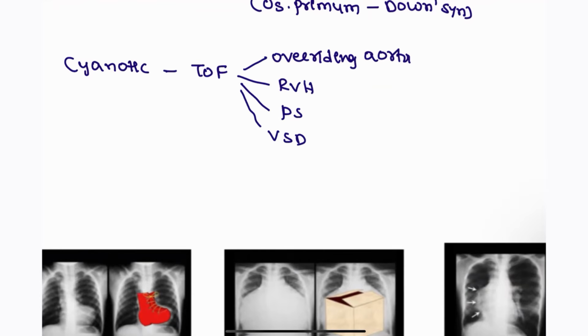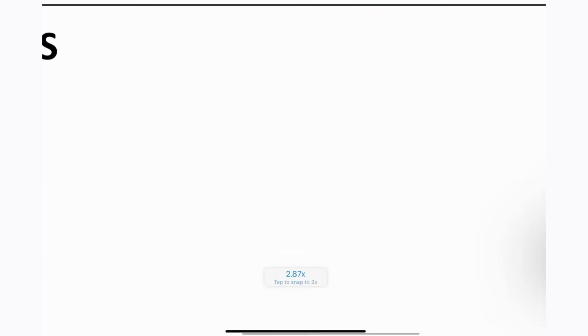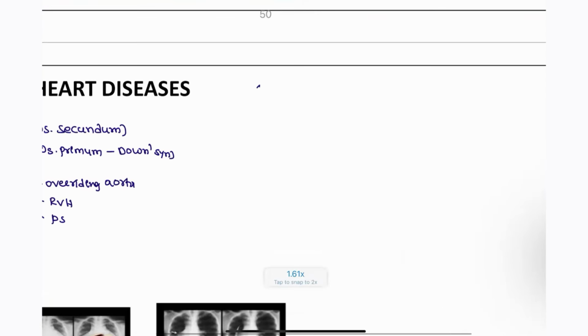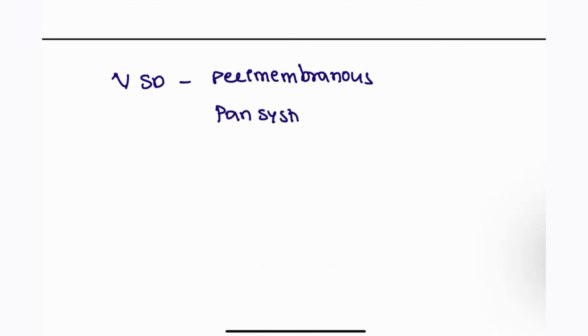These are the tetralogy of Fallot signs. Next, coming to VSD. In VSD, the most common type is perimembranous, with a pansystolic murmur.